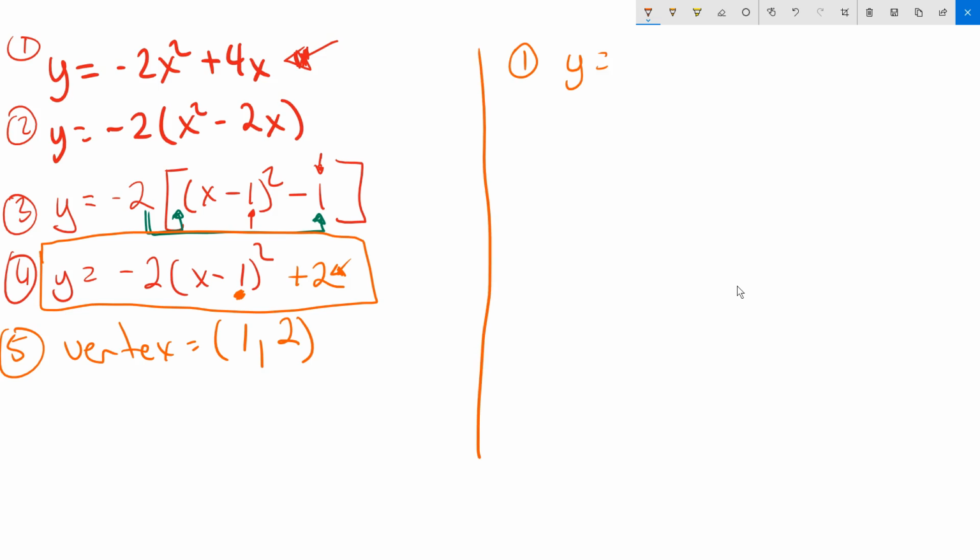Let's do another example here. So imagine y equals now negative 5x squared minus 5x. This one might involve fractions. I'm going to do it this way: y equals. Now I observe that negative 5 is present in each term, so that goes outside the parentheses, and I end up with x squared.